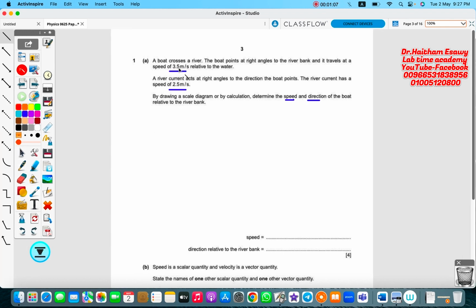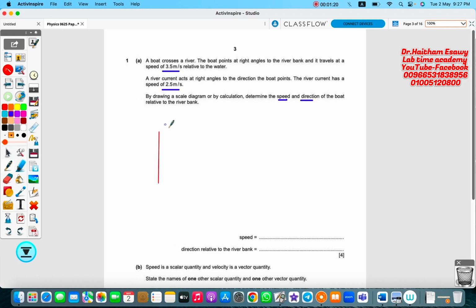Here we have to draw the vector that represents the direction of the boat. This will be the first direction, representing the speed of the boat, which is 3.5 meters per second. After that, the direction of the river water, he said we have right angles between them.